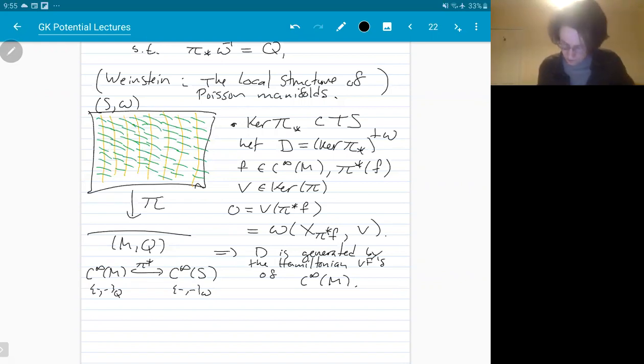So what this is telling you is that the functions on M give you a Poisson subalgebra of the functions on S. And what that means is that the Hamiltonian vector fields corresponding to functions on M are closed under the Lie bracket. So D is involutive, so D is an integrable distribution.